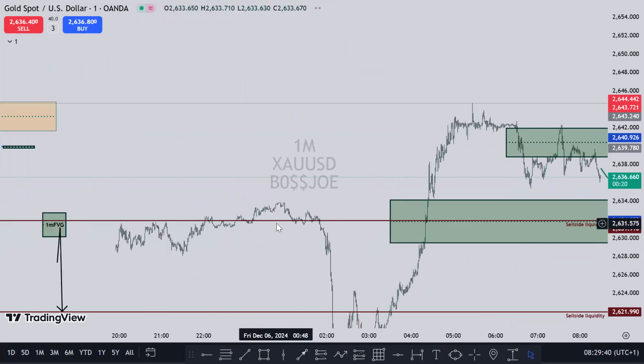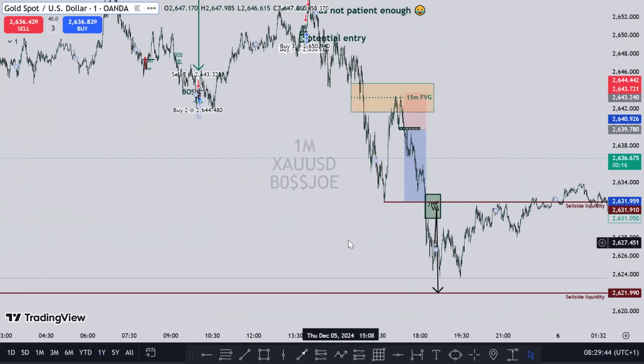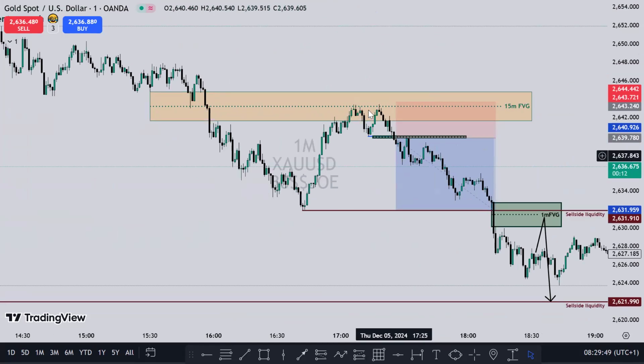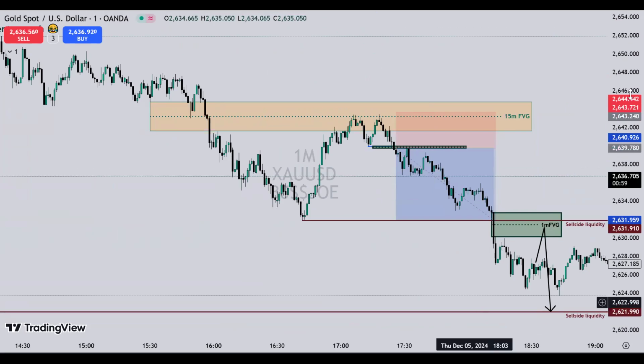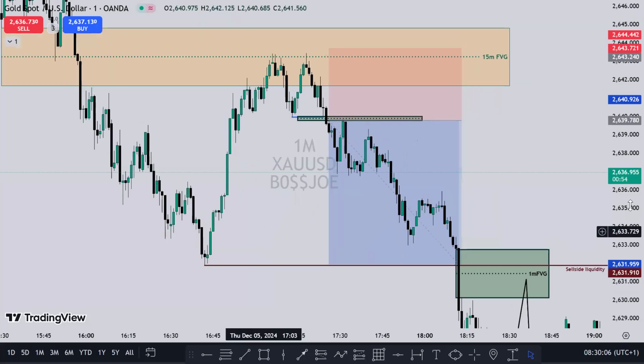Then what I want you to do is look for obvious break in market structure once price reaches that fair value gap, right here. As price approaches the fair value gap, you look for obvious break in market structure, which is what I'm trying to show you now. I want you guys to be rehearsing this every time you see a fair value gap.